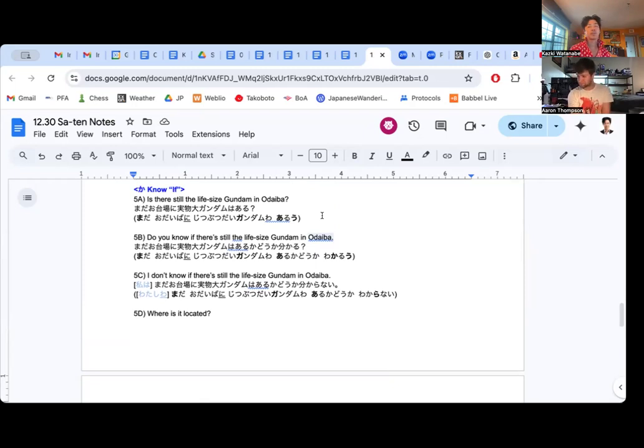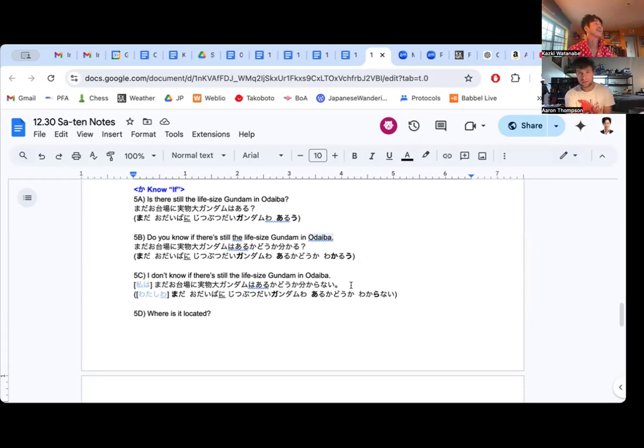So remember the general rule. まだお台場に実物大ガンダムを、ガンダムがあるか.